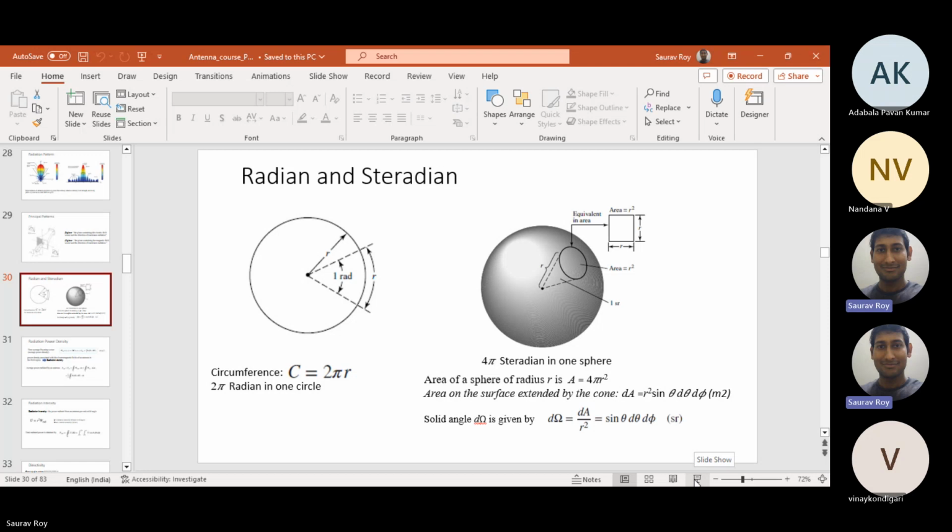This cone can be represented as steradian or solid angle, described as d of capital omega, given by sine theta d theta d phi. You must remember this, because later on in calculations like directivity, gain and power intensity, we will need this.